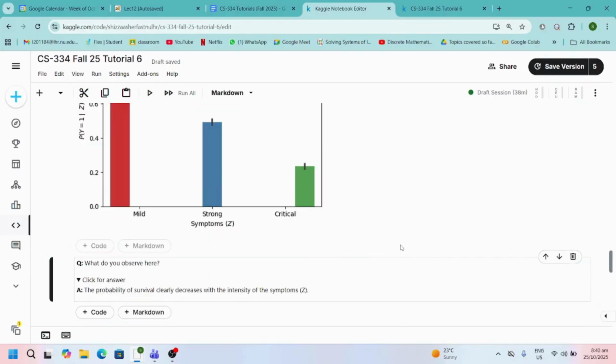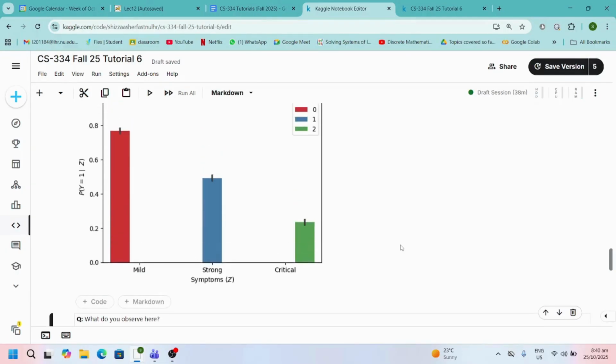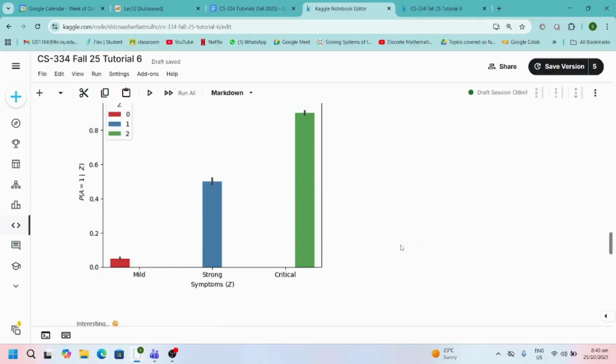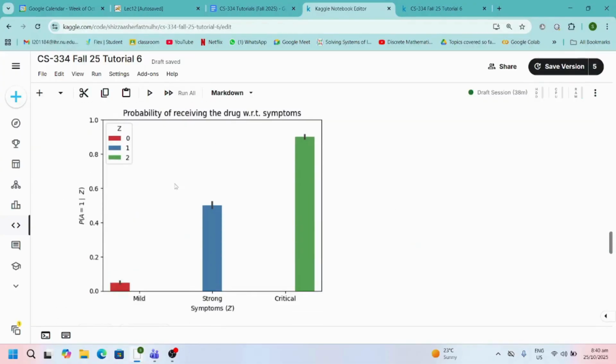The probability of survival clearly decreases with the intensity of symptoms. Now I know कि symptoms की intensity जो है वो determine कर रही है whether the people will receive the treatment or not. You know, I can see that from this graph right here. If the symptoms are more severe, then the people are more likely to receive treatment.